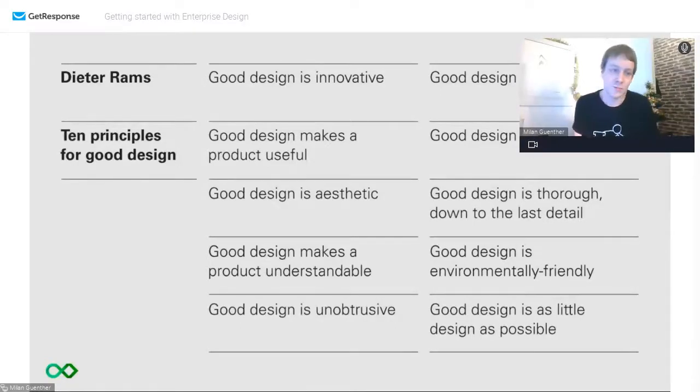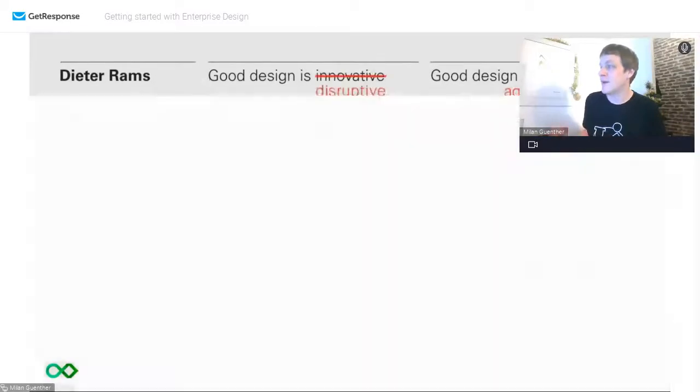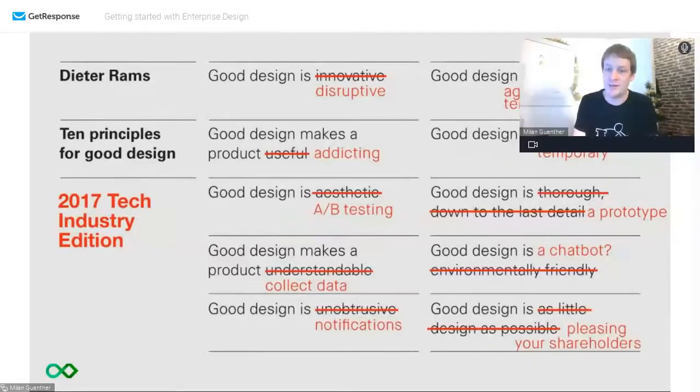It's innovative, so it should be new in a way. It should be useful. It should be aesthetic. It should make things understandable, be unobtrusive, be honest, long-lasting, thorough, but also as little design as possible, and not destroying the environment.